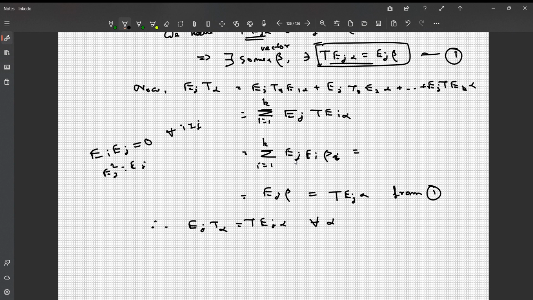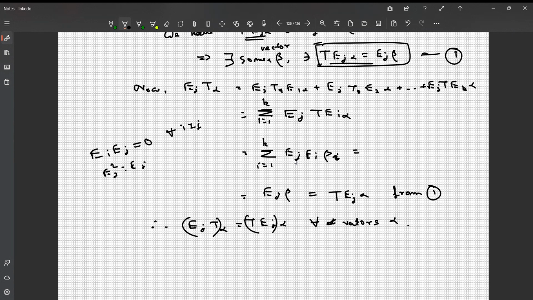Alpha was an element from Wj, I guess. Yeah, but that necessarily won't matter. No, alpha was an element from V, sorry. For all vectors alpha from V.